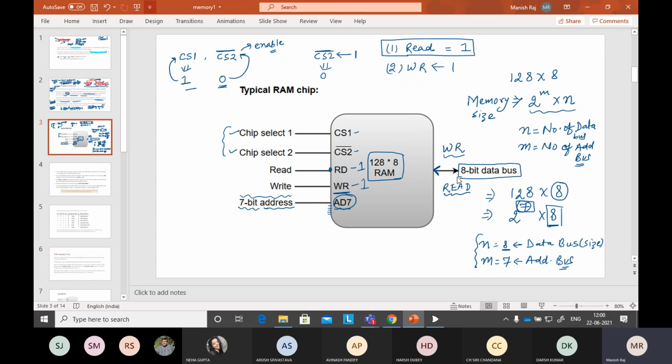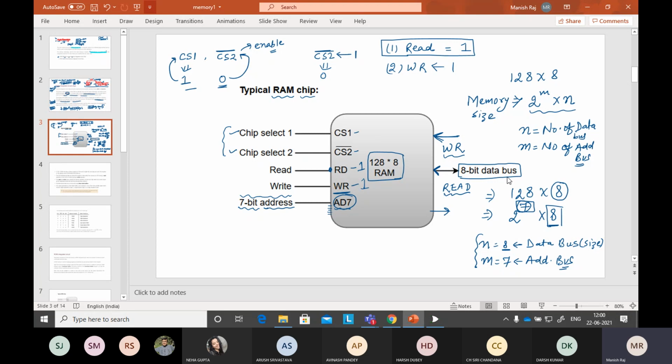If you are reading, the data goes outside, and if you are writing, you are inserting something into the memory, so you take this type of arrow. RAM is bidirectional, so you can both write and read.